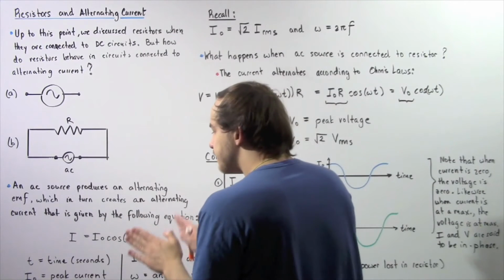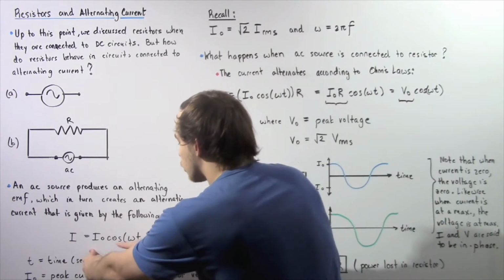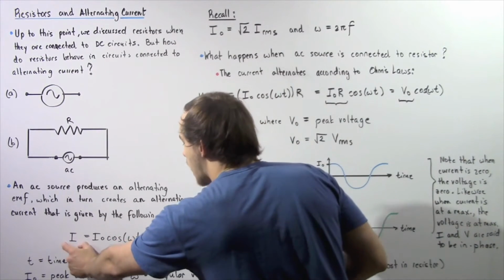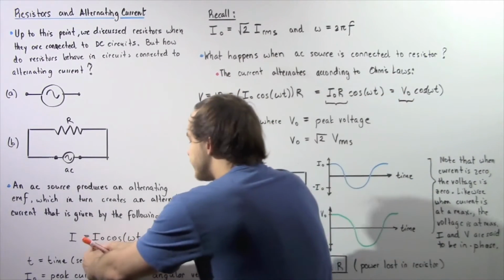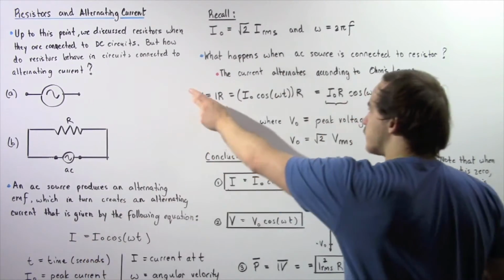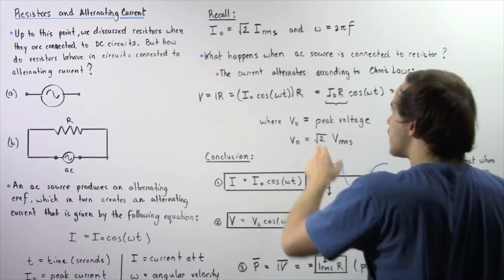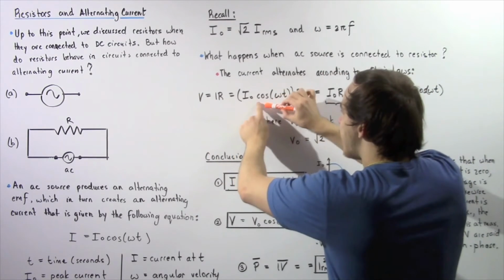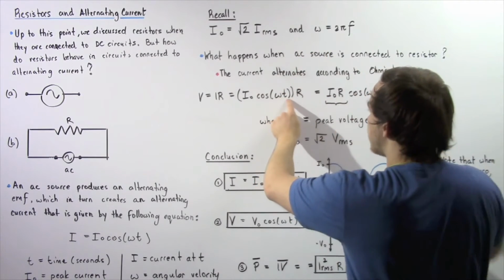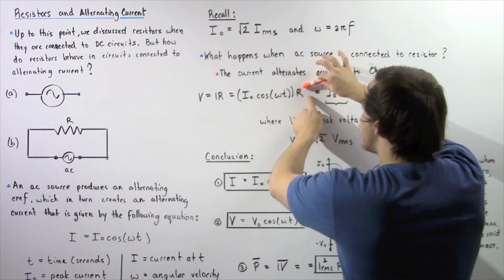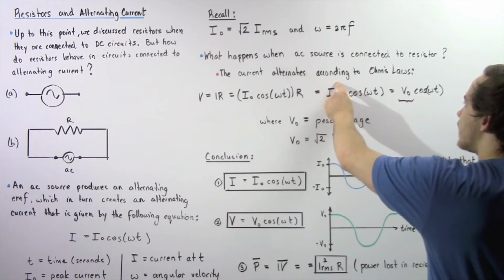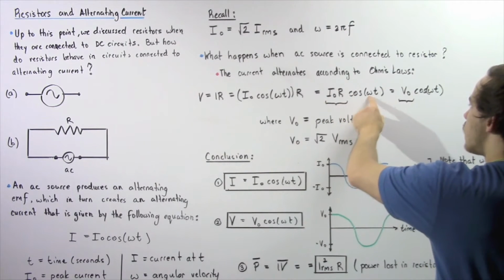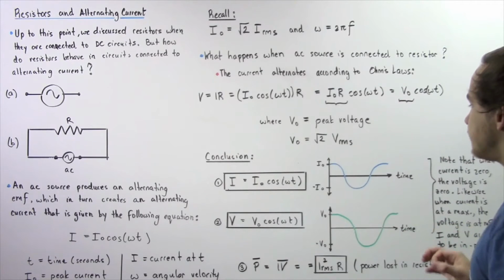Now, we just defined the mathematical relationship between our I and time. So let's replace our I with the following equation. So the voltage is equal to the product of the resistance, I naught cosine of omega times t. Now let's bring this R to this side, and we see that I naught multiplied by R cosine of omega multiplied by t.